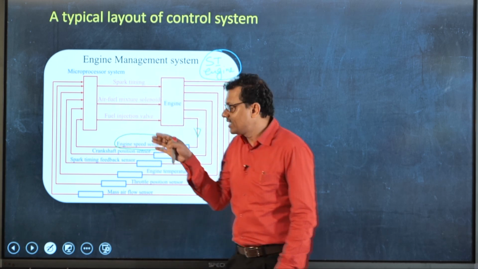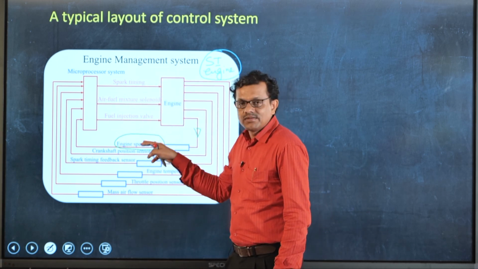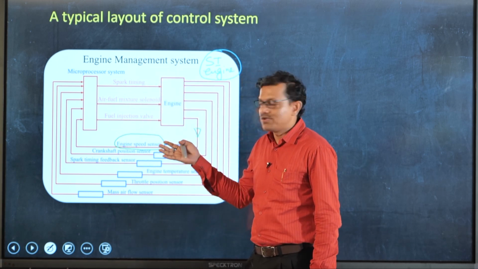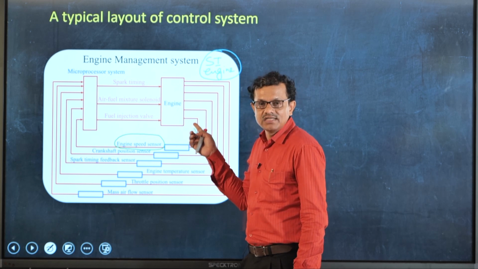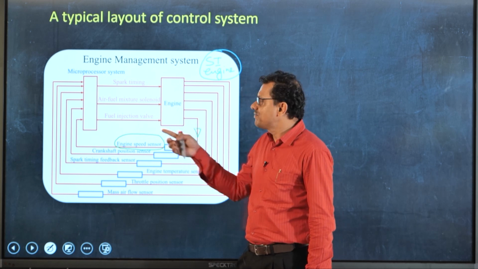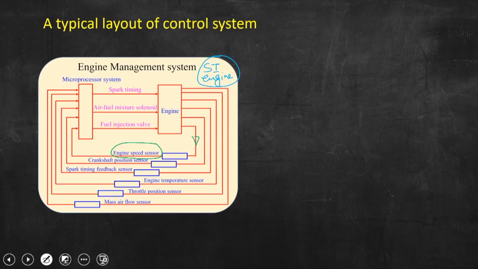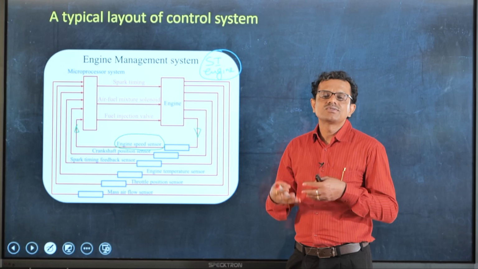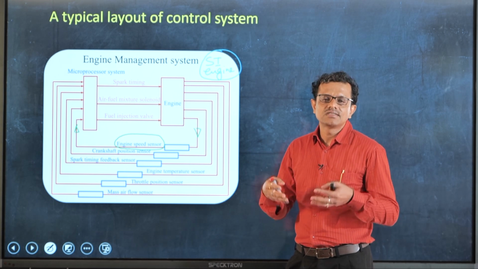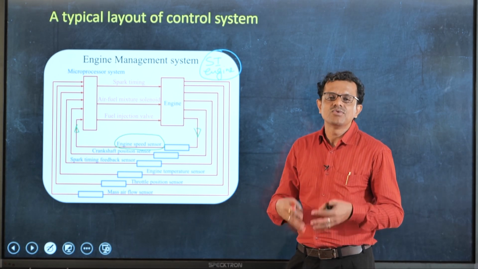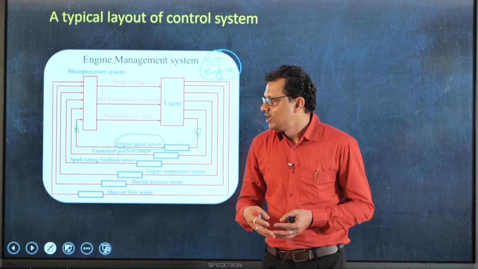Try to remember, we said that sensors measure physical quantity, say for example, the speed of the engine, in the form suitable for the microcontroller, and that information will go to this microprocessor system, and eventually from there some information will go to the engine so as to control, engine that is plant or that is ECU or engine management system, so as to control something. Maybe we need to increase the combustion rate, we need to supply more amount of fuel, all these things.